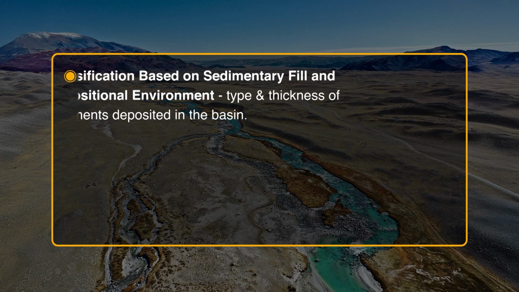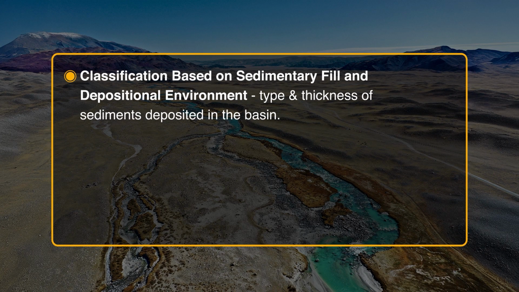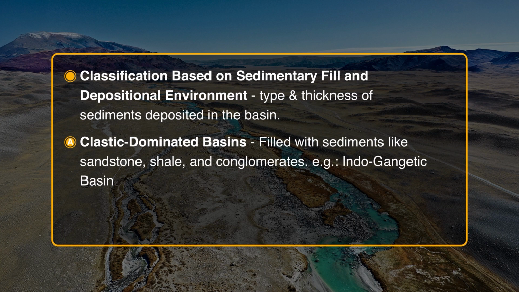Now, looking at the classification based on the sedimentary fill and depositional environment, it is the type and thickness of sediments deposited in the basin on the basis of which the classification is done. So, one class is clastic dominated basins, which are filled with sediments like sandstone, shale and conglomerates, for example, in the Indo-Gangetic basin.